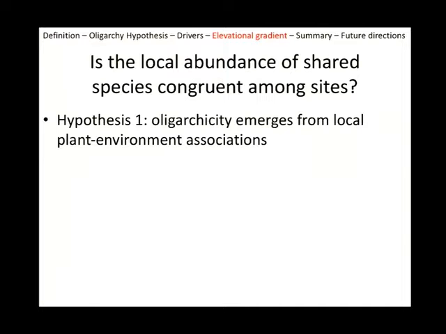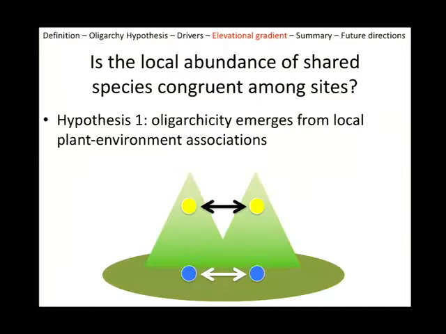And the prediction along the elevational gradient for this hypothesis is that there is no elevational gradient in the correlation of abundances between sites, because, well, if this site is similar to this site, the abundances will be the same, and the same applies at higher elevations. So the prediction is lack of elevational gradient.